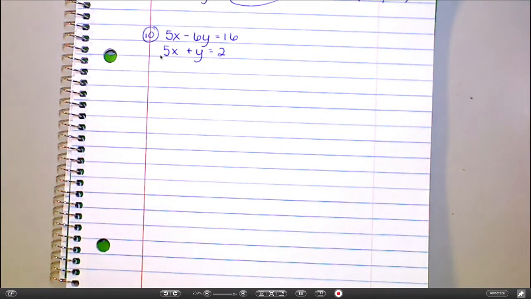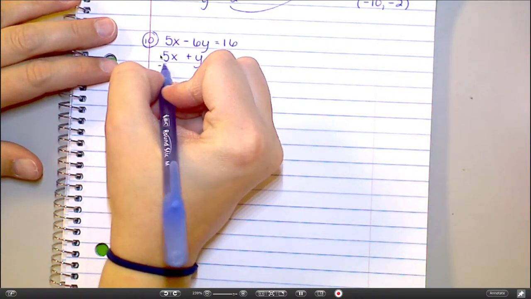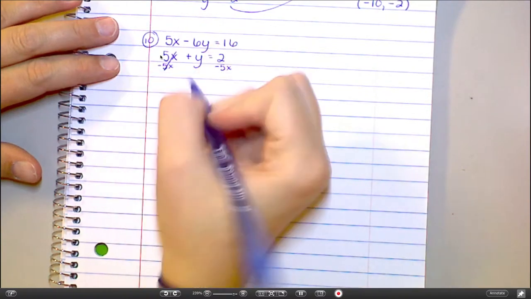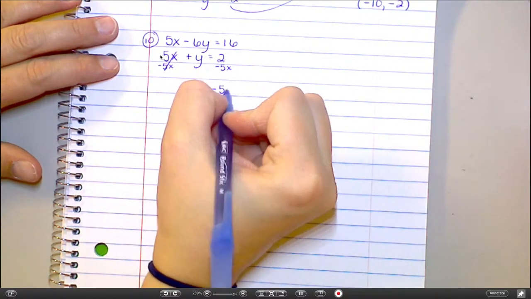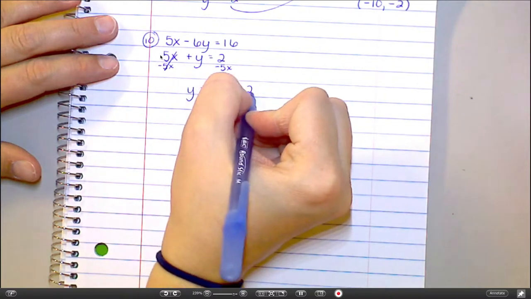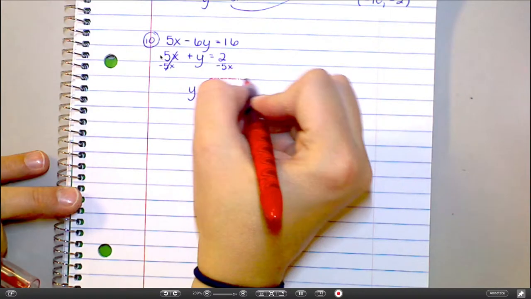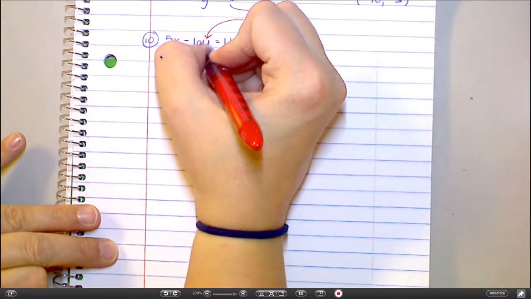Okay, so where does it look like I have something that would be easy to get by itself? Oh, right there. This y, right? I could take this 5x away. Take away the 5x. And I end up with y equals negative 5x plus 2. And I'm going to take what y equals, all of this, and plug it in for y up here.